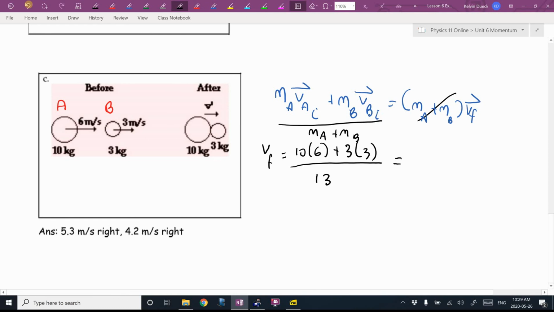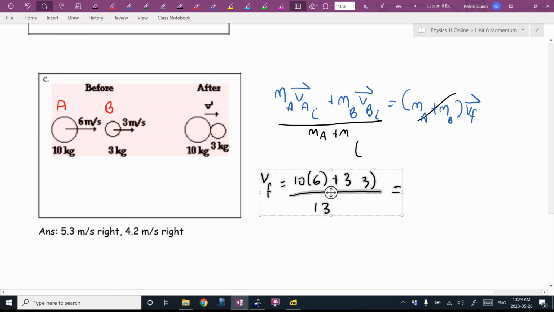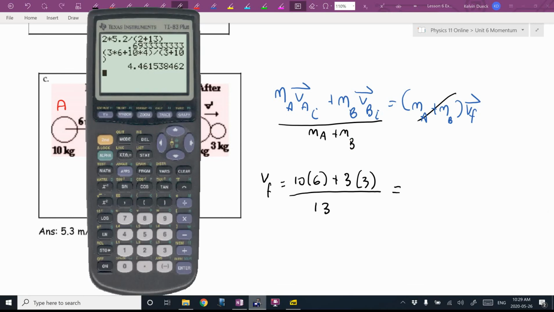That's a little messy, Mr. Dueck. Let us give myself some more room. Oh, lost a bracket. So here we go.